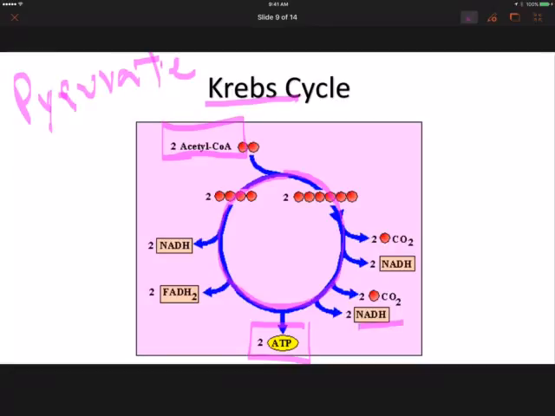But more importantly, it produces these electron carriers, the NADH and the FADH2, otherwise known as NAD and FAD. So the Krebs cycle uses the pyruvate made during glycolysis, and it produces some electron carriers called NAD and FAD. And this is where my carbon dioxide is produced.